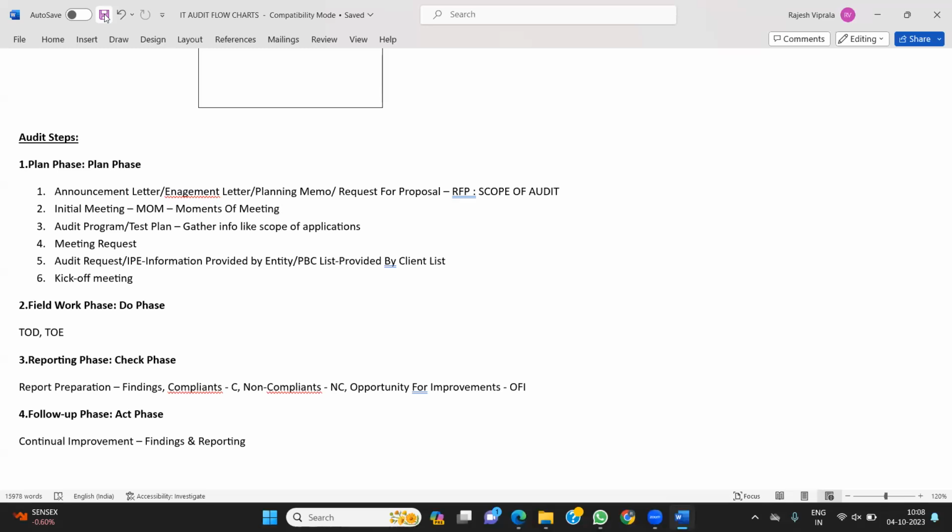Once they discuss all these points, KPMG will note down all the key points that are happening during the discussion, because this is required for documentation purposes. So once the minutes of meeting, or moments of meeting as some companies call it, are done, they disclose this content, whatever they have written down, to the client. Client in this example is HDFC.